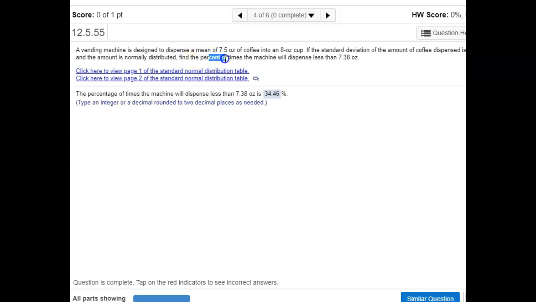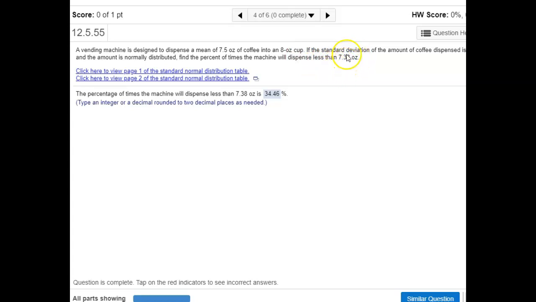So we want the percent of time that the machine will dispense less than a specific value. What we need to do is find the z value that relates to this number here. And then you can use the standard normal distribution, look up that z value in the table and find the percent of data that is less than the z value associated with your number.